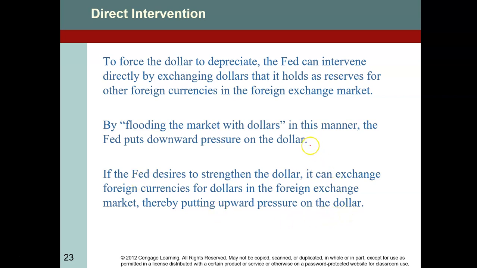So in order to make the dollar value go down, we can increase the supply by exchanging dollars for other currency. In order to increase the dollar value, the Fed can increase the demand for dollars by exchanging foreign currencies for dollars. Both of these actions are called direct intervention.